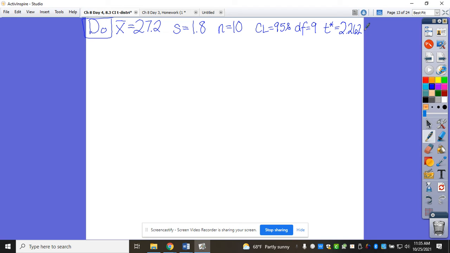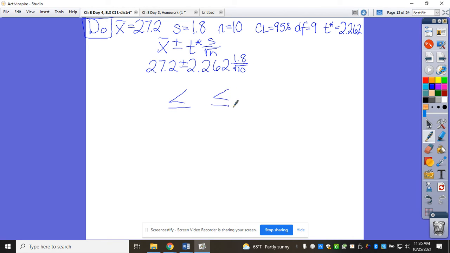All right, so with my general equation with no numbers plugged in, x-bar plus or minus t star times S over square root of n. And then I just plug in my numbers, 27.2 plus or minus 2.262 times 1.8 over square root 10. What's still going to be my symbol in the middle? And this problem was miles per gallon also.